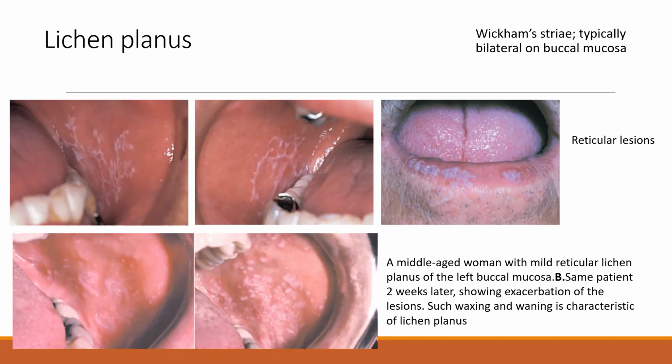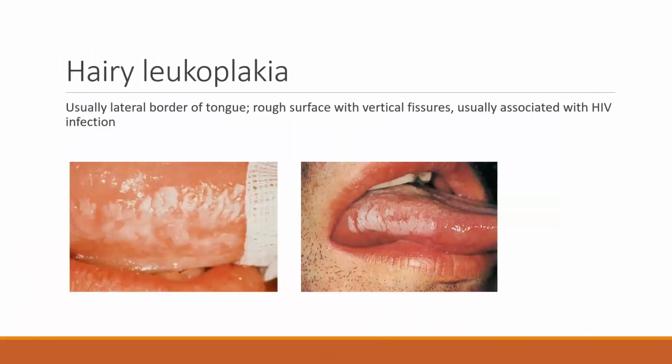So that's lichen planus. Next is hairy leukoplakia. Hairy leukoplakia, as we all know, can be seen in patients who are infected with HIV. It is a white lesion caused by Epstein-Barr virus, and it presents as a white asymptomatic lesion.